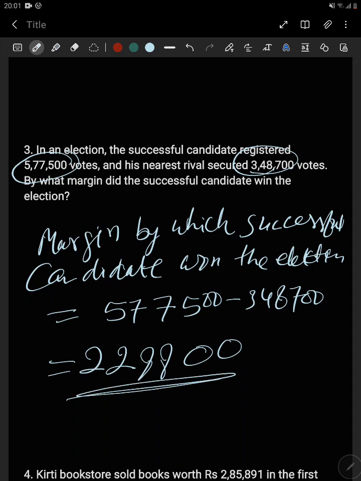So this much vote difference is the margin by which the successful candidate has won the election. So this is our answer.